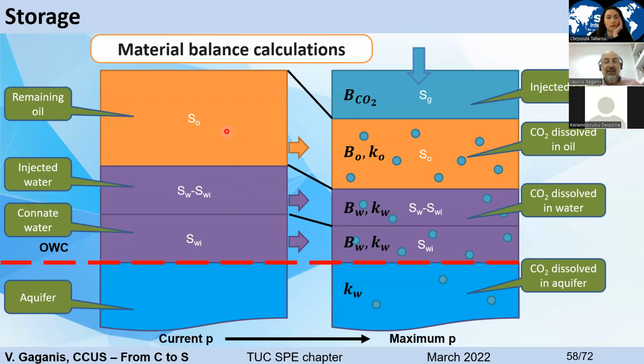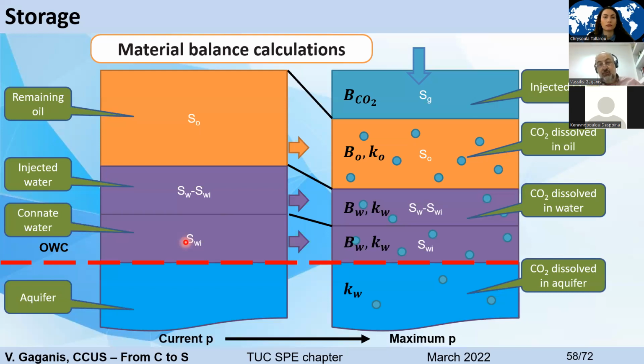What's going to happen if we inject CO2 on top of this formation? Well, if the volume of a reservoir is constant and we inject new stuff on top of that, pressure will go up, which in turn means that the existing fluids, like the remaining oil, the flooded water, or the connate water, will be squeezed.